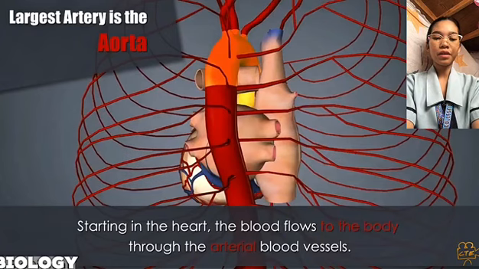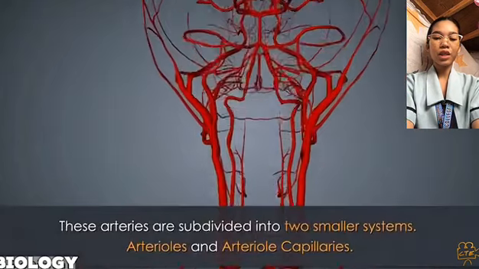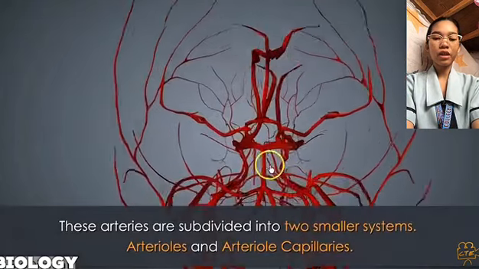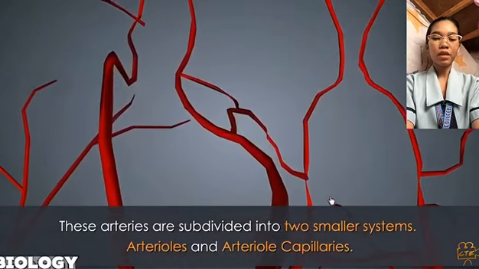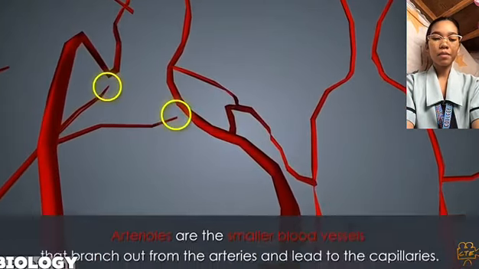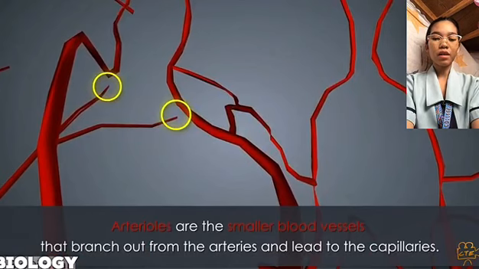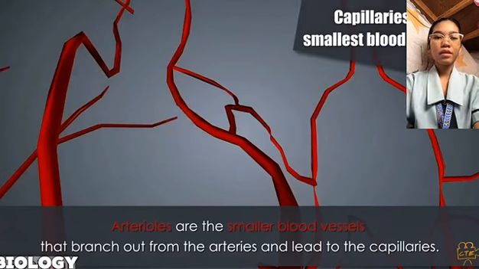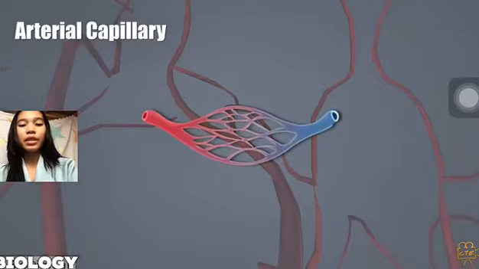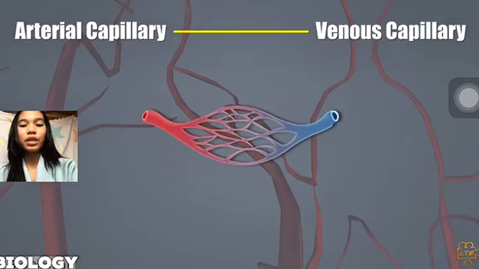Arteries are further divided into arterioles and arterial capillaries. Arterioles are smaller blood vessels that branch out from larger arteries and lead to the arterial capillaries, which are the smallest blood vessels in the body. The arterial capillaries are connected to the venous capillaries.